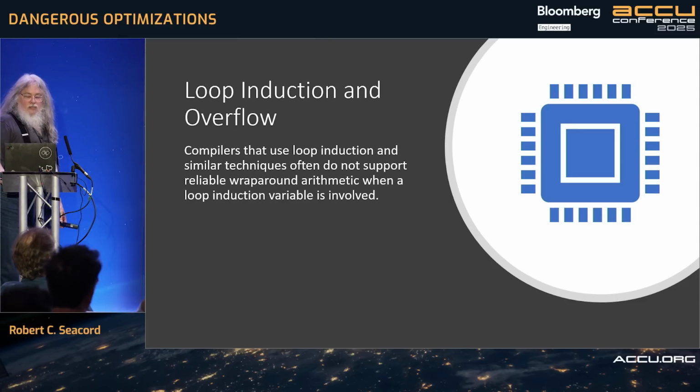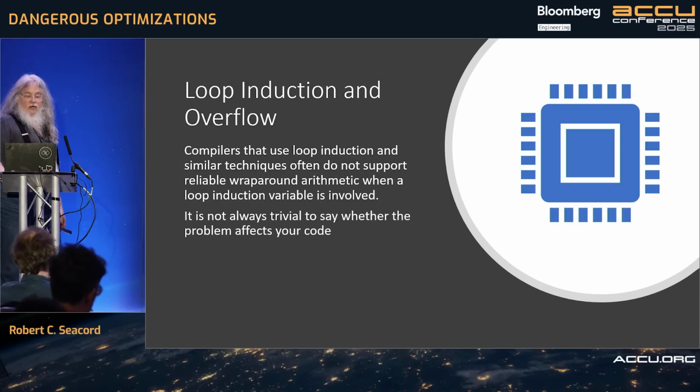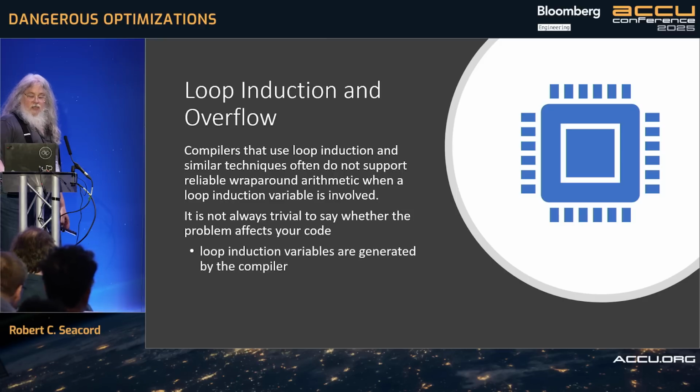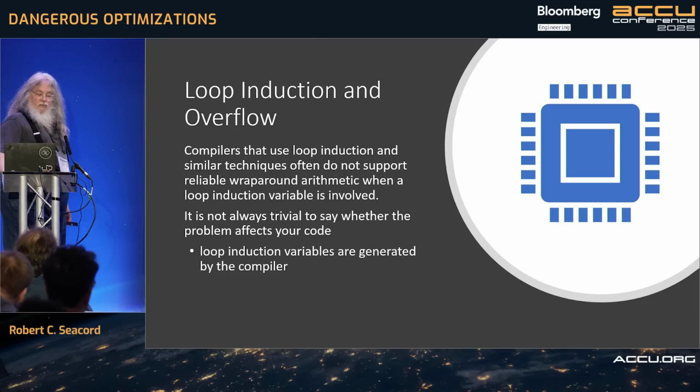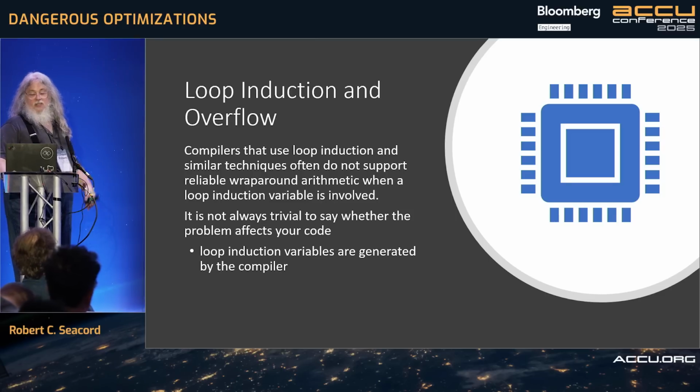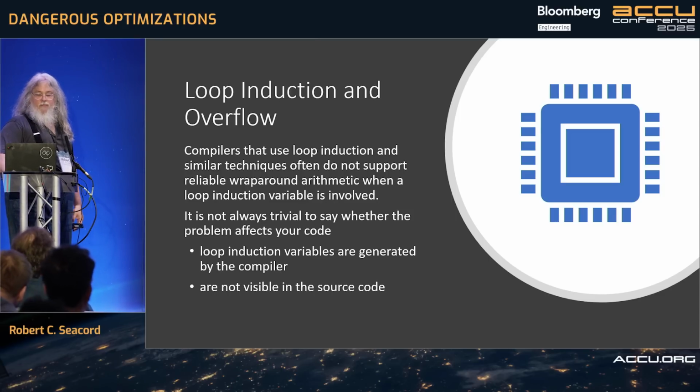Okay, so as I was saying, loop induction and similar techniques don't support reliable integer overflow wraparound arithmetic when a loop induction variable is involved. And it's not always easy to tell if this problem affects you, because these variables are generated by the compiler. So you don't see that they're overflowing. You don't even know that those variables exist.